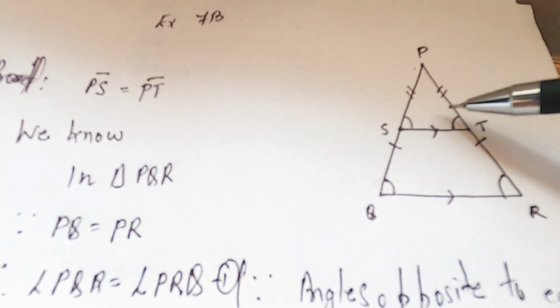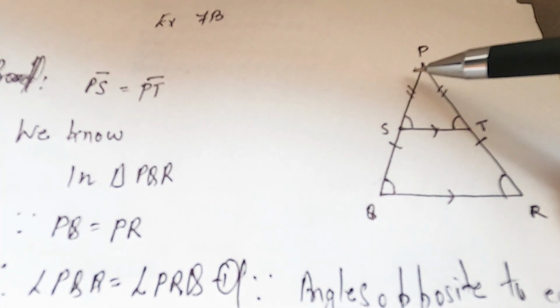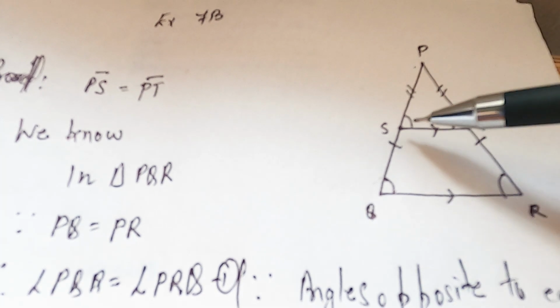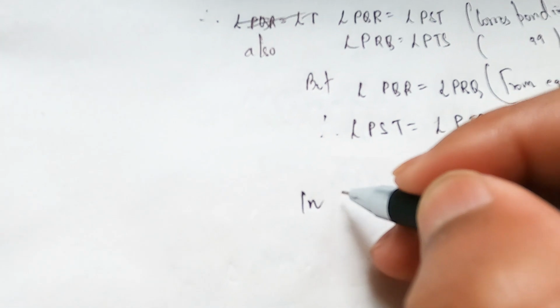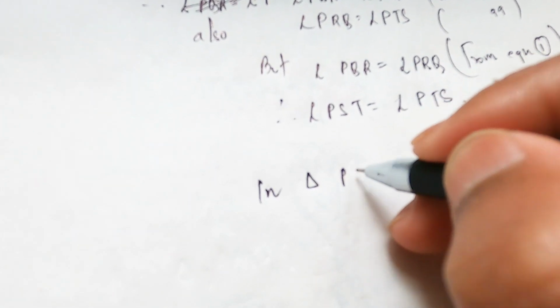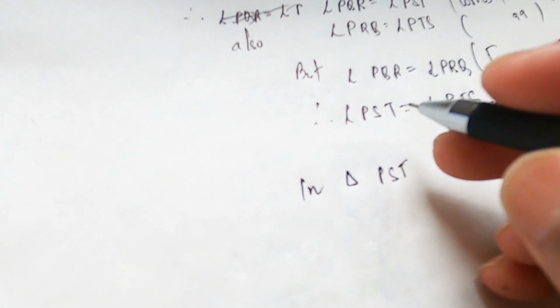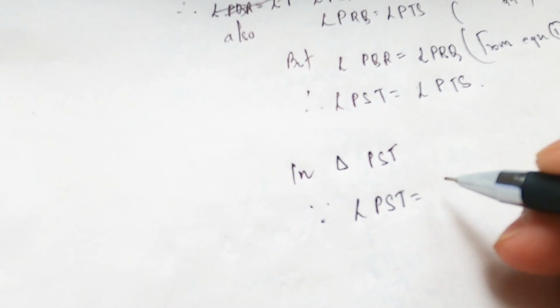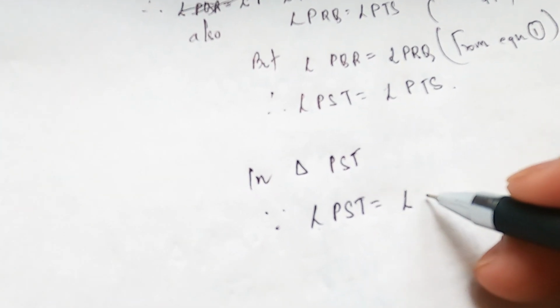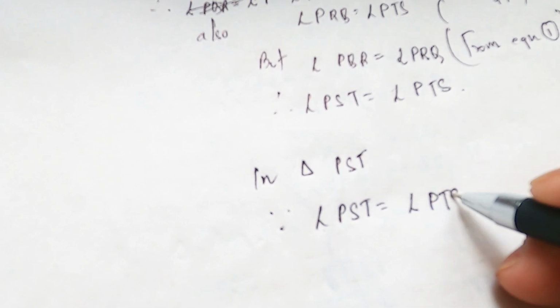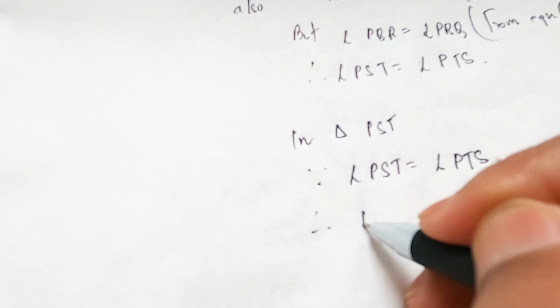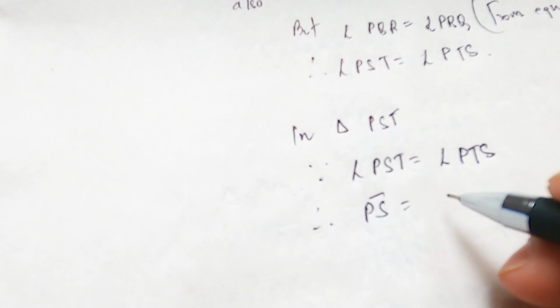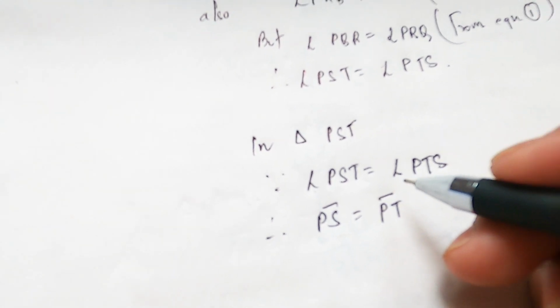So here it becomes very easy. We can show that PS is equal to PT since the two angles are equal. So in triangle PST, since angle PST is equal to angle PTS, alright, so therefore side PS is equal to side PT.